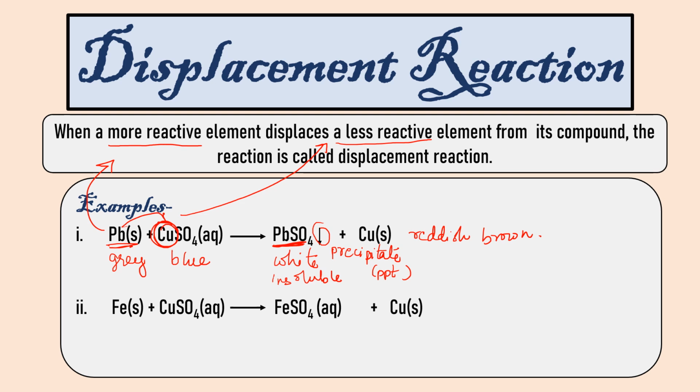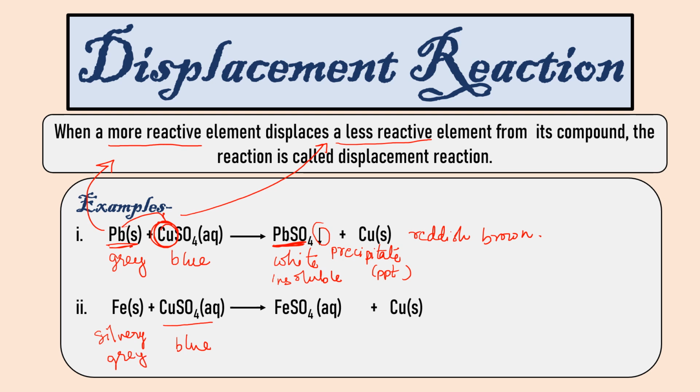Now let's see the next example. Iron, again solid. We can take iron nail, iron filing, piece of iron, anything. And then again copper sulfate, which is again blue in color. What is the color of iron? Iron is also gray, it is silvery gray. It's quite shiny, pure iron.